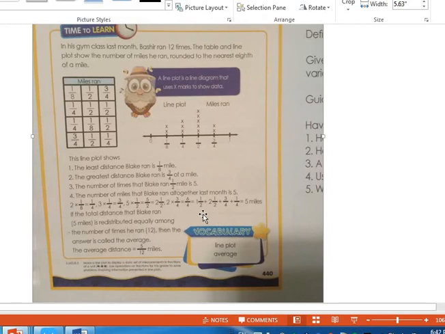Then I want to add all the answers, so it will give you 5 miles. If the total distance that Blake ran, 5 miles, is redistributed equally among the number of times he ran, 12, then the answer is called the average. The average distance, 5/12 miles.